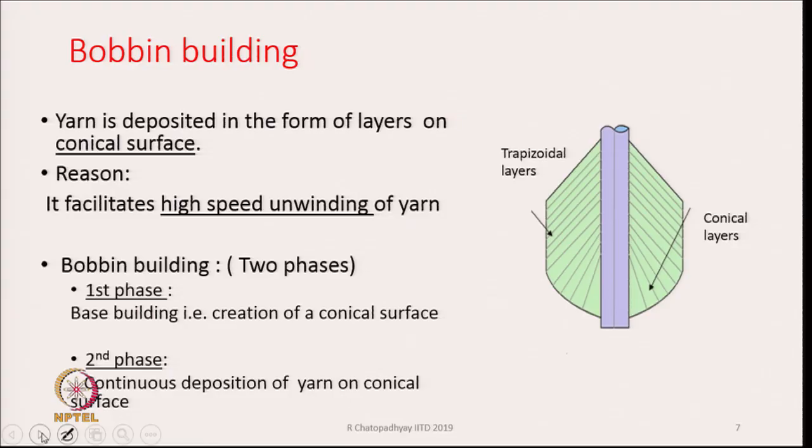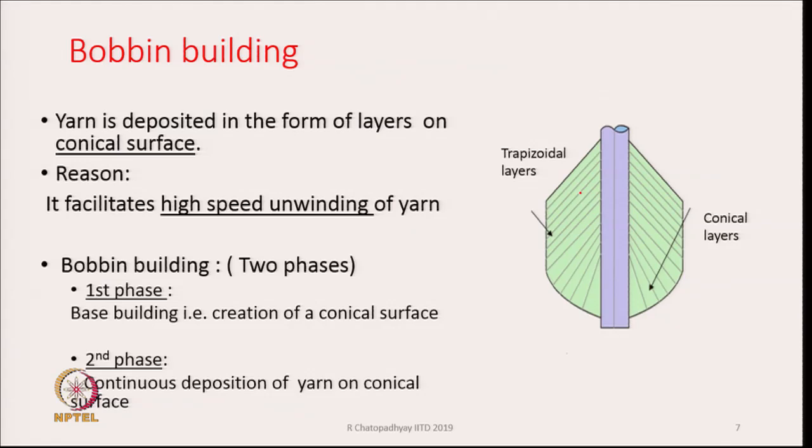The bobbin is, as has been shown, a little tapered, but we want to generate layers in the form of cones. Why do we do it? It facilitates high speed unwinding. We want to create such a conical surface because this helps us for high speed unwinding of the yarn in the subsequent process.